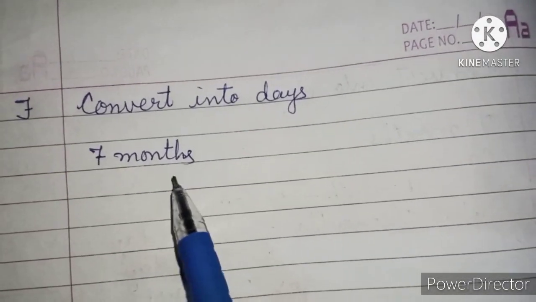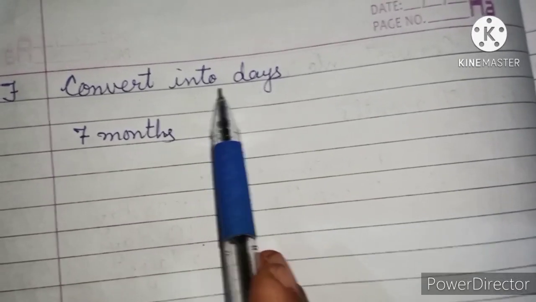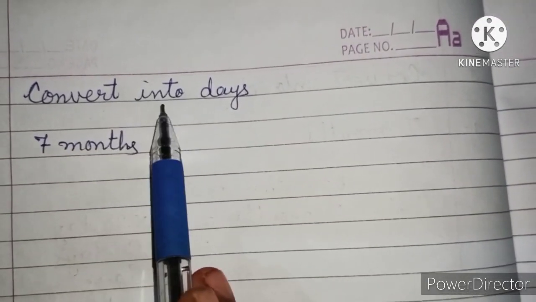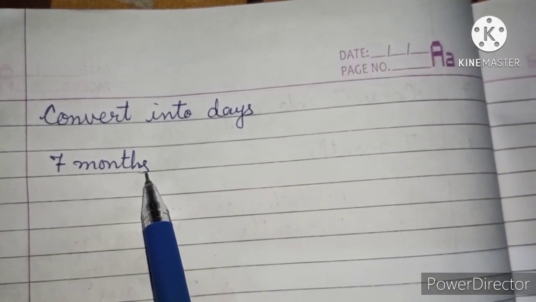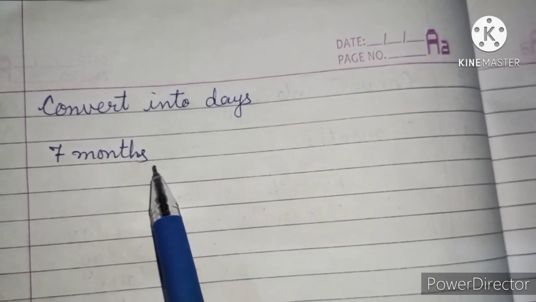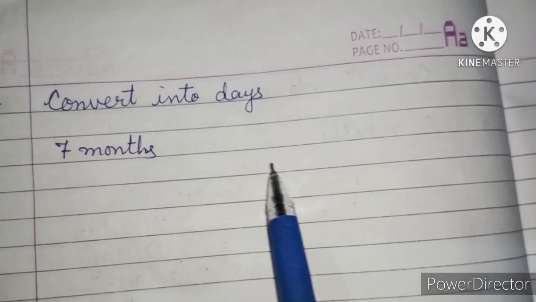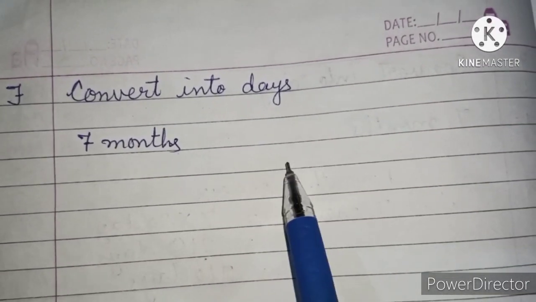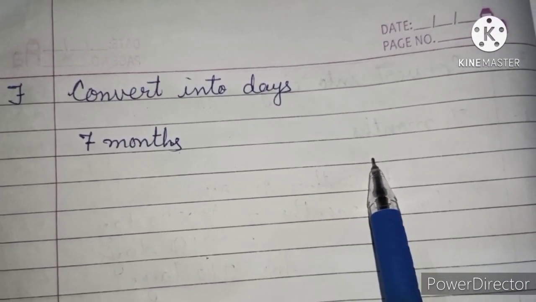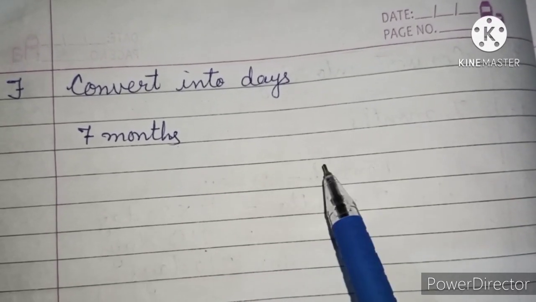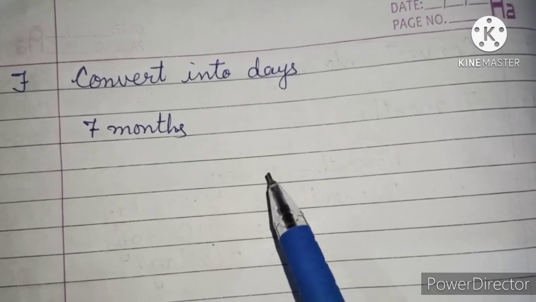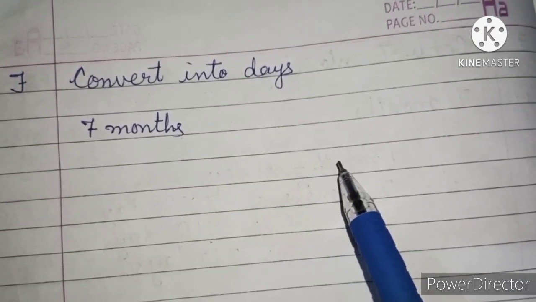Now next question is convert into days. Question is 7 months. Children, it will take the formula 1 month is equal to 30 days. So children, to convert month into days, we have to multiply the month by 30.